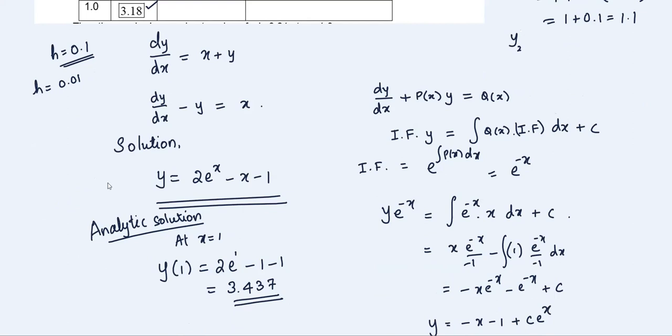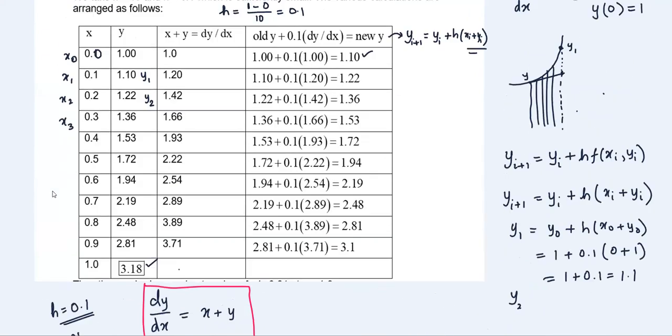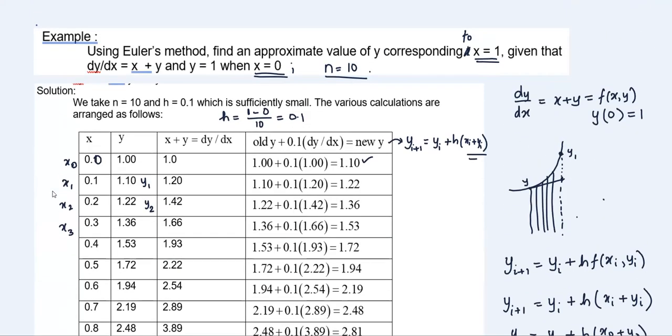So here we are comparing the numerical solution with the analytic solution. In this particular case, we could find an analytic solution. It exists. That's why we are taking this example. However, in many problems, you won't get the analytic solution. Then we have to depend on this. The lesser the step size, the more accurate is the result.